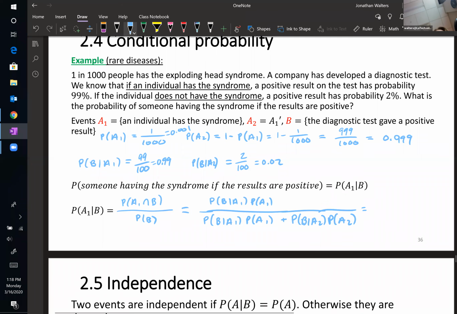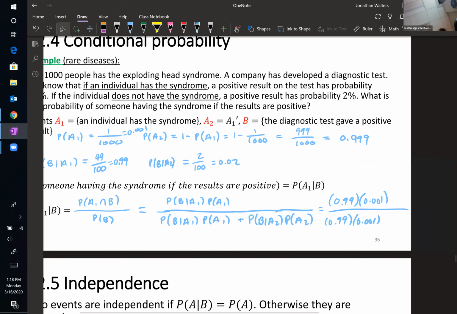And that's going to be, let's see, fill in all the pieces: 0.99 times 0.001 over 0.99 times 0.001 plus 0.02 times 0.999.